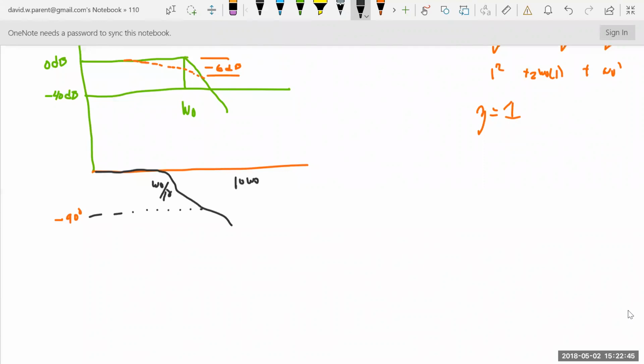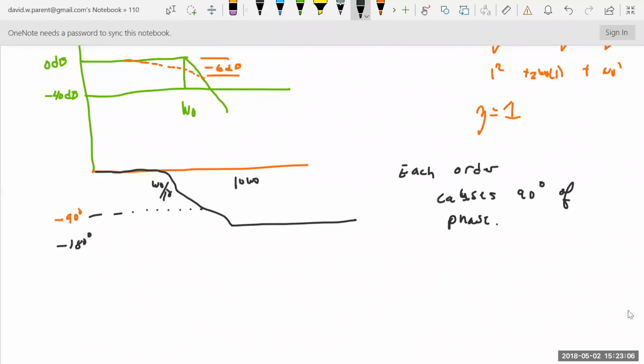At 10 omega naught, we're at our full minus 180. Each order causes 90 degrees of phase. A high pass causes a plus 90 of phase, and a low pass causes a minus 90 degrees of phase.